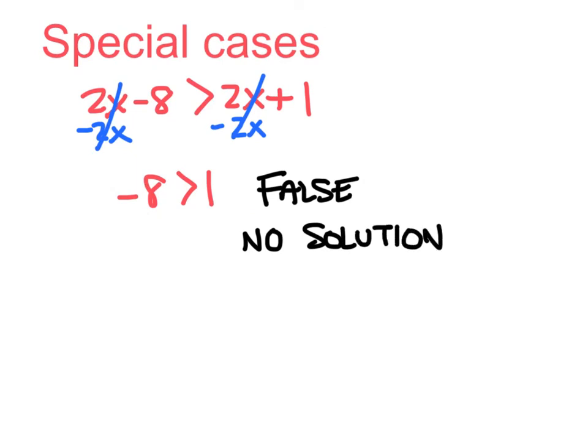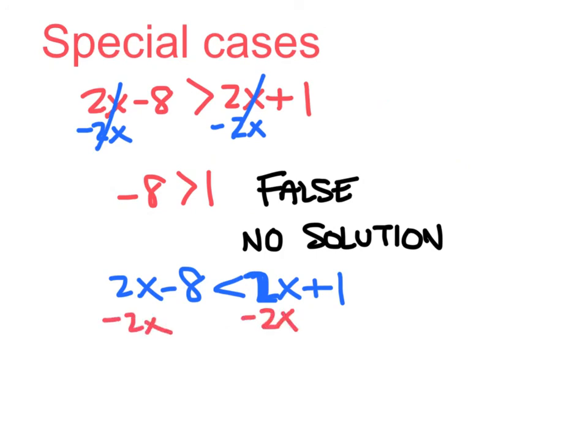Now, if I were to flip this around, and I said 2x minus 8 is less than, I'm sorry, less than 2x plus 1. After I subtract the 2x's from each side, just like last time, I get negative 8 is less than 1. Well, this is a true statement.